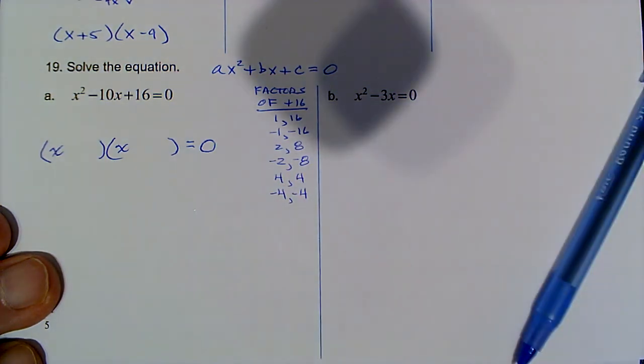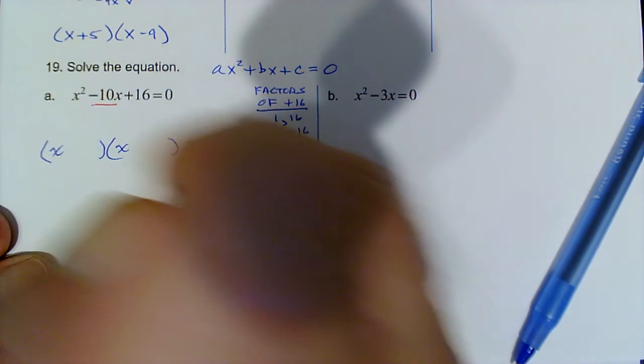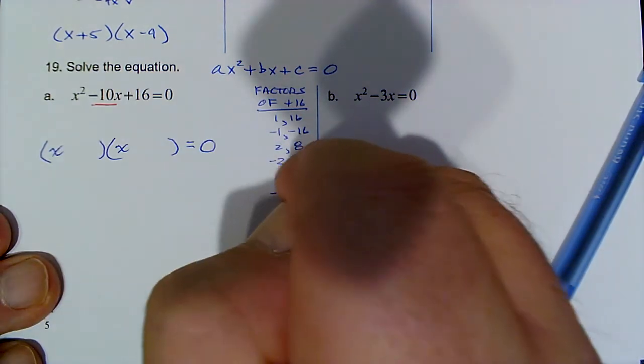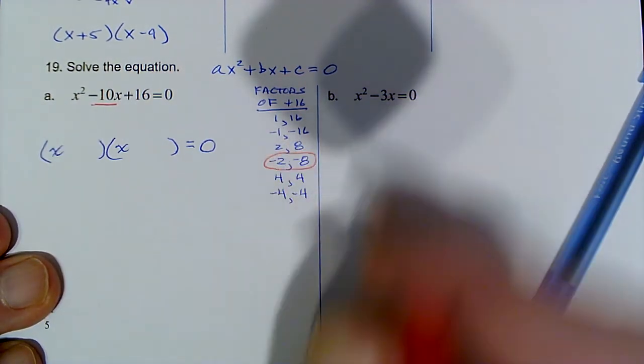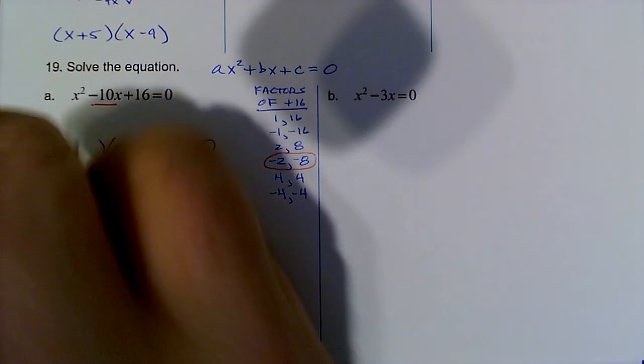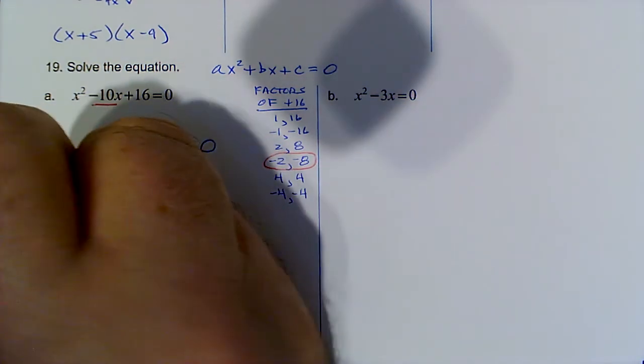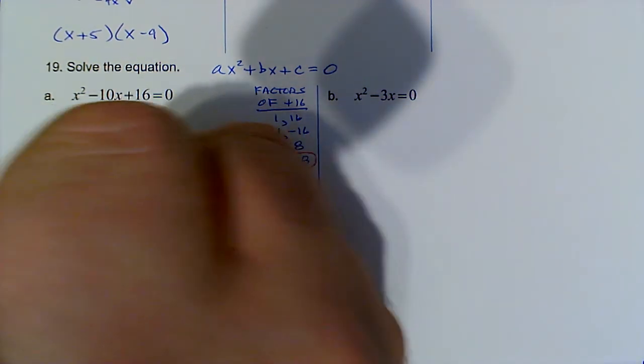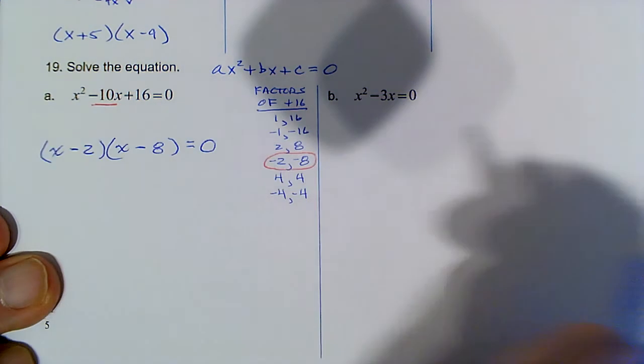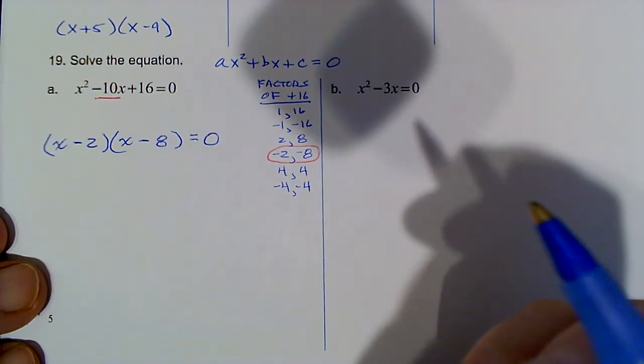And now we're looking for the pair that combines to give negative 10x, or negative 10. That'd be the negative 2 and the negative 8. So this factors as x minus 2 as a binomial times the binomial quantity x minus 8.